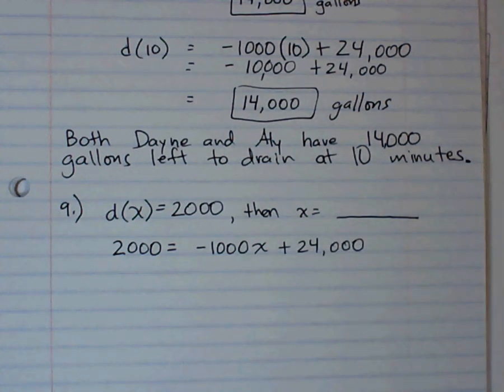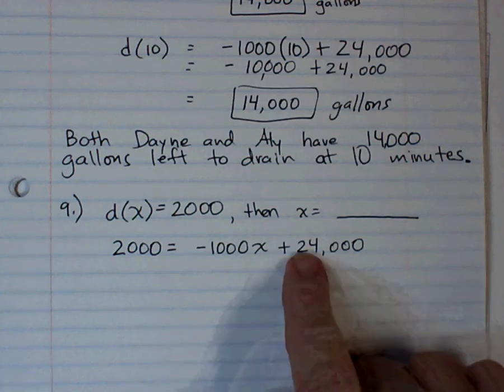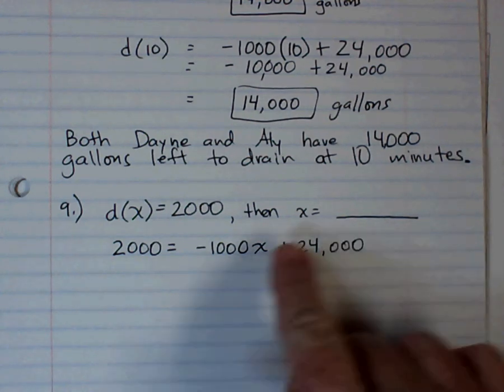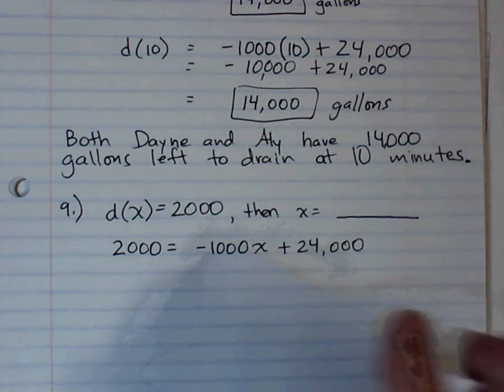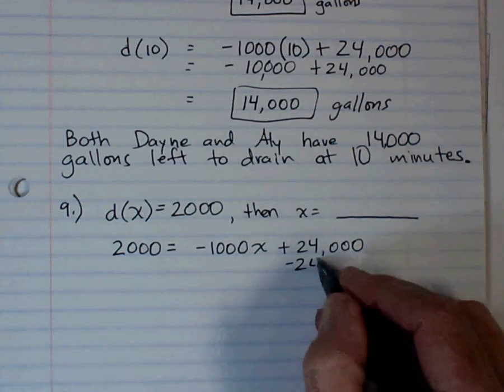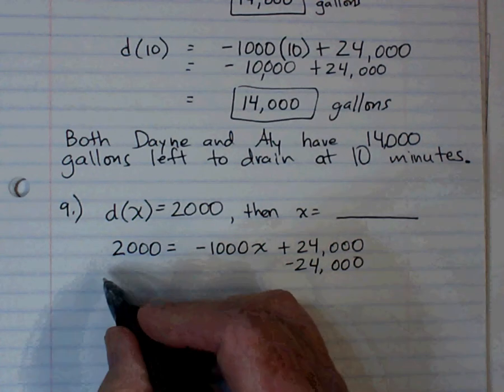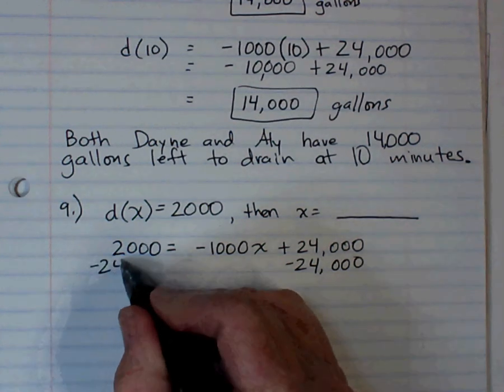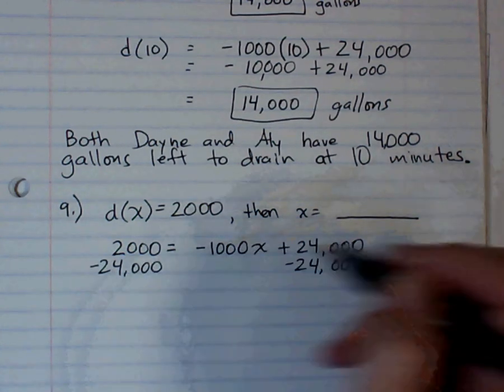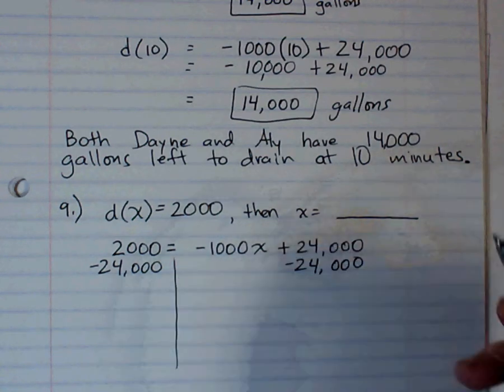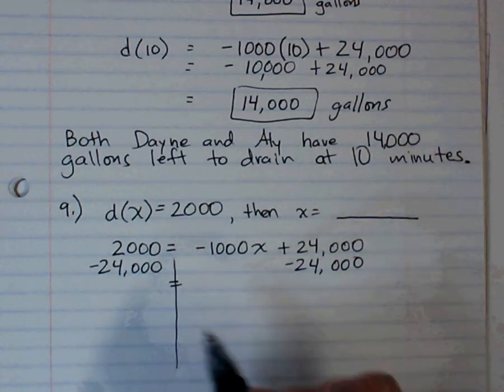All right, so this is a two-step equation. First thing we do is we subtract 24,000 so we can isolate the variable with its coefficient. Subtract 24,000 from both sides. All right, let's keep it lined up. That's 0.